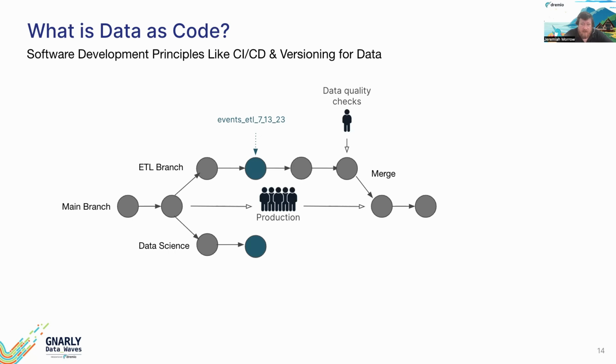On the lower branch, the data science branch, if I want my data scientists to have access to production data, I can create a data science branch, and in just a few seconds, they have access to production data that they can do whatever they want with in complete isolation from my production users. And tags and commits give data scientists some great tools for collaboration and also for model reproducibility.